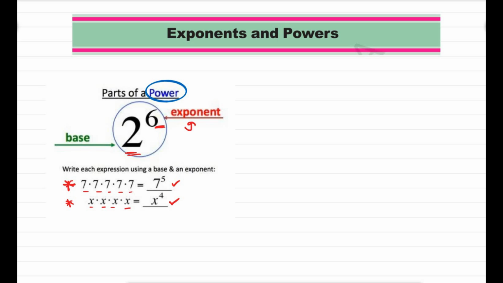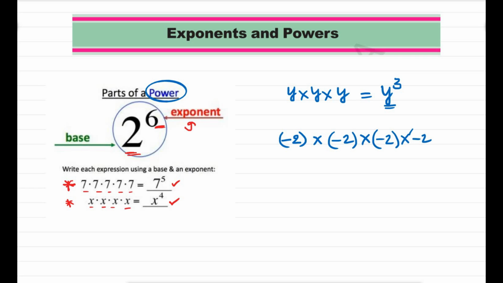Let me take a few examples. If y is multiplied 3 times, we write y to the power of 3 and read it as y to the power of 3. If minus 2 is multiplied 4 times, we write it as minus 2 to the power of 4.